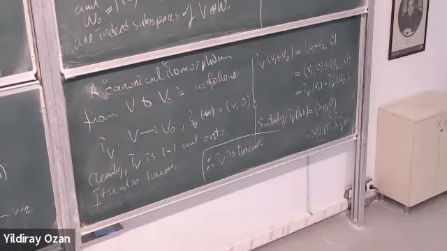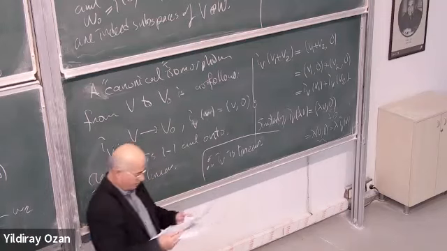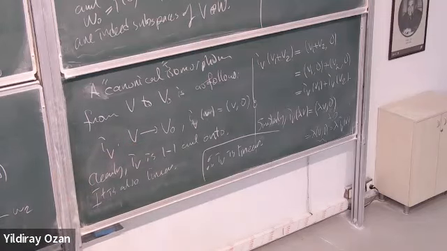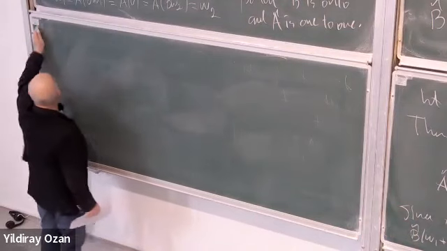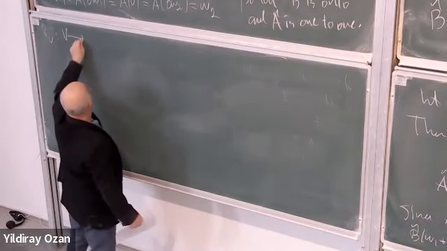Anything you don't understand about this? What is the inverse of that map? Can you tell me the inverse? So here i_V goes from V to V0.